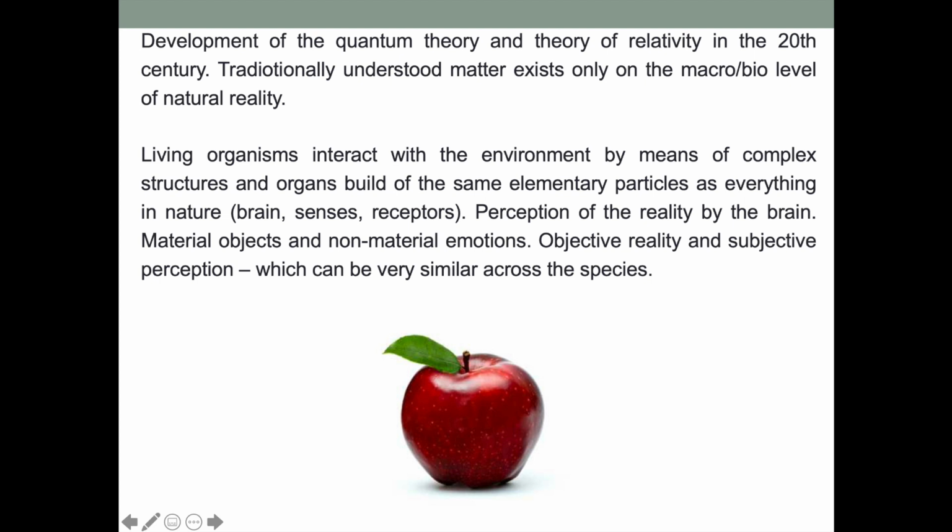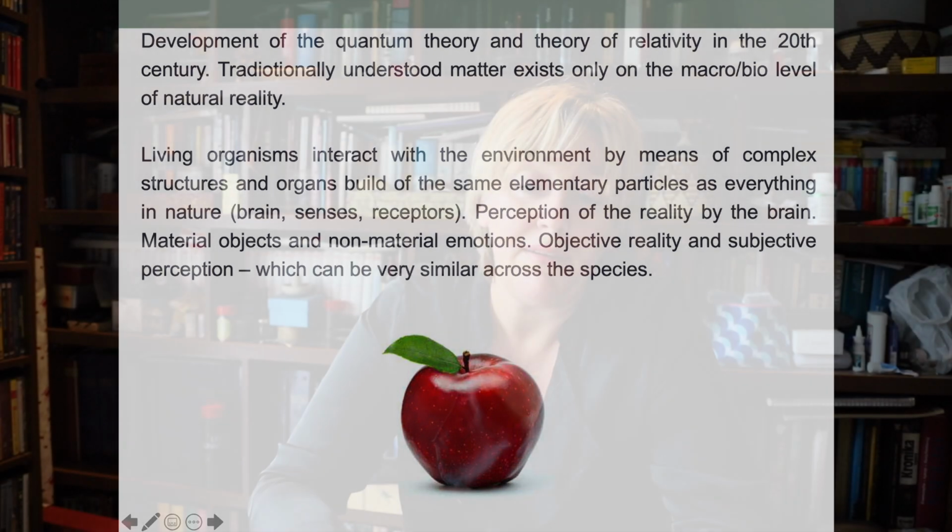This is why I have this image of an apple. Probably most of you agree that what we see here is an apple, and it is something that's edible, something that's for most people tasty, and it's red in color, the variety here.